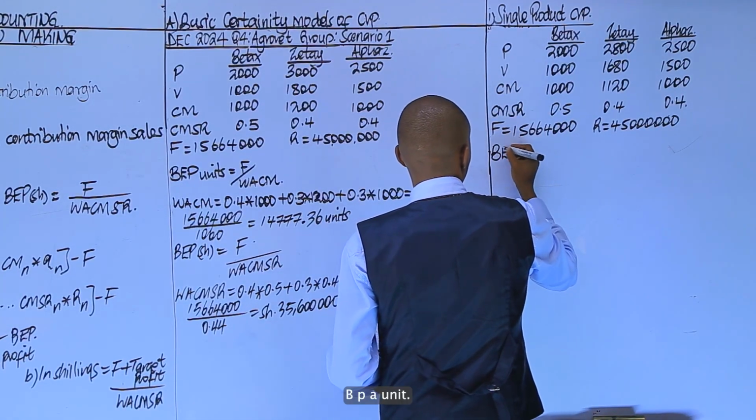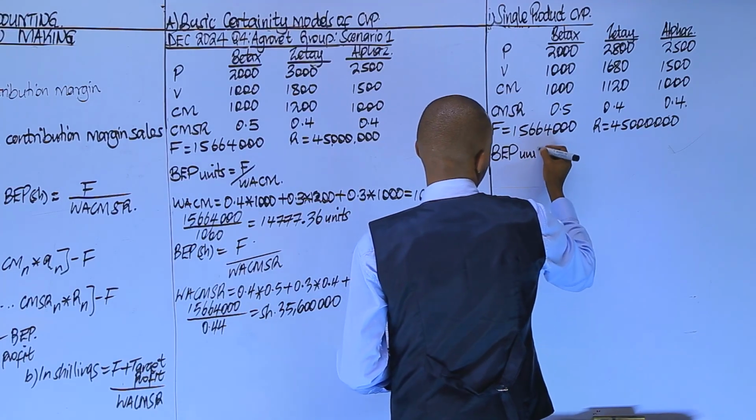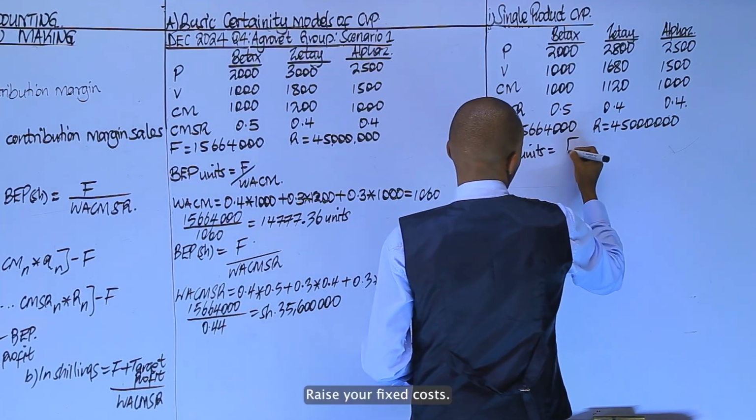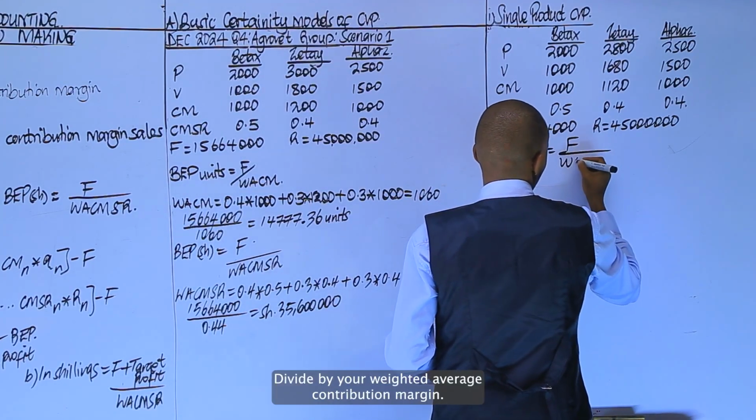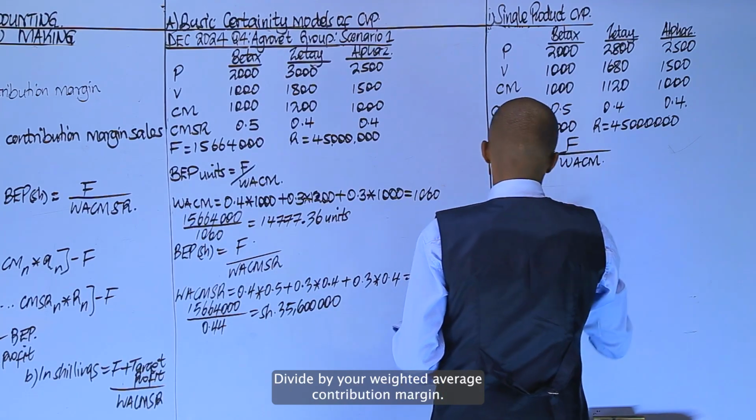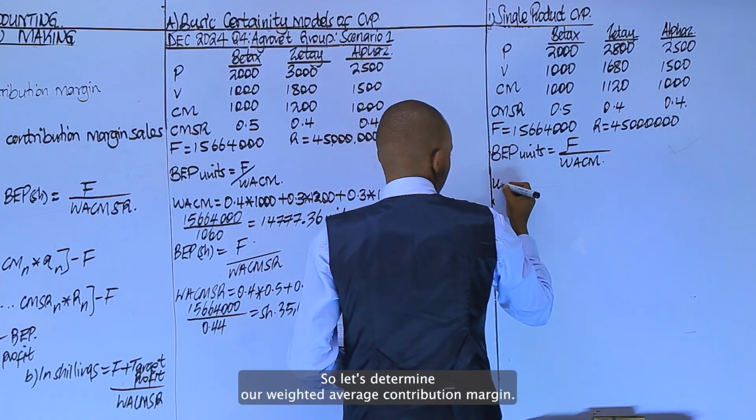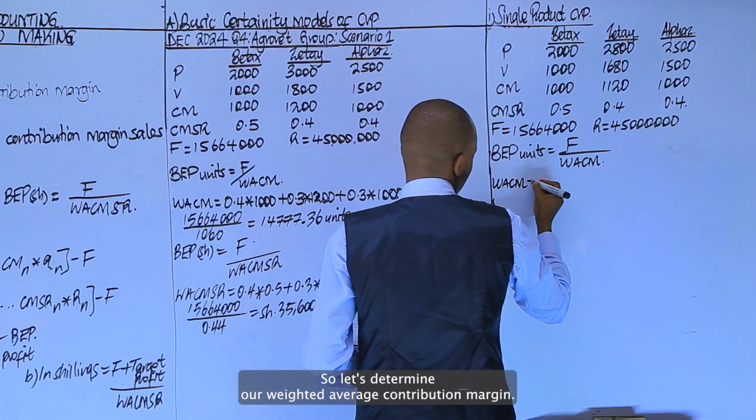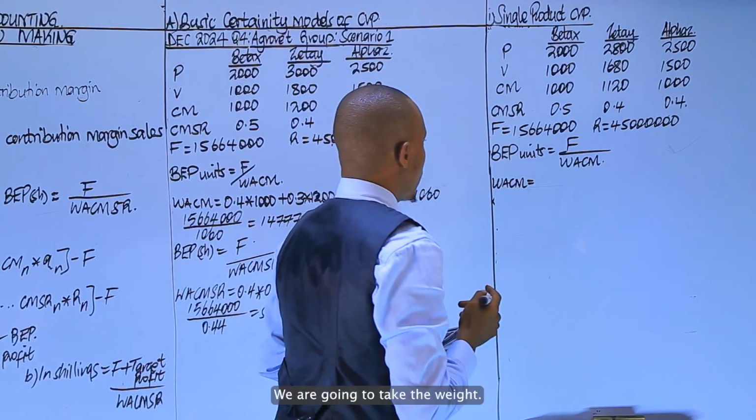BEP in units is your fixed cost divided by your weighted average contribution margin. So let's determine our weighted average contribution margin. We take the weight.